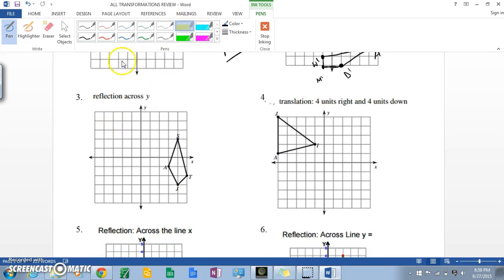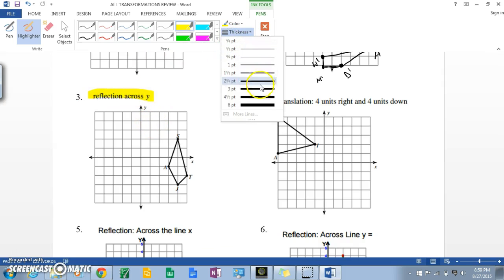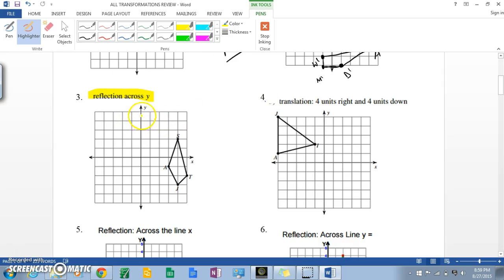Number 3, reflection across the y-axis. I'm going to highlight my y-axis. That's where I'm reflecting. Reflection across the y, so I count this way: 1, 2, 3, 4 and 1, 2, 3, 4.